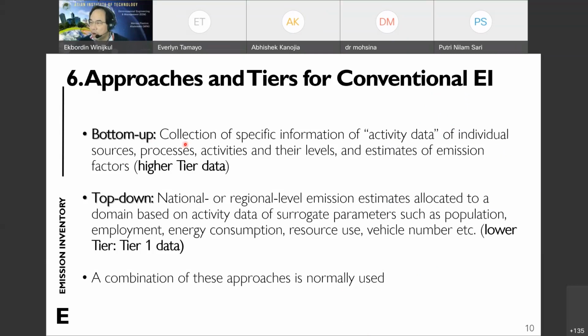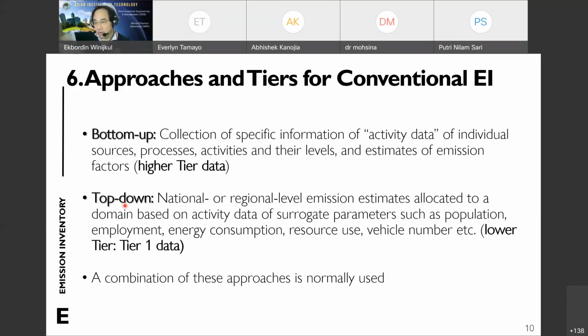In this one we will collect very specific information of the activity data, and I will talk about this later: what is the required information that we need in order to develop the emission inventory? But in general, if you want to do the bottom-up approach, we need to collect very specific, small detailed information of the activity data of individual sources, processes, activities, and everything, and also including the emission factors.